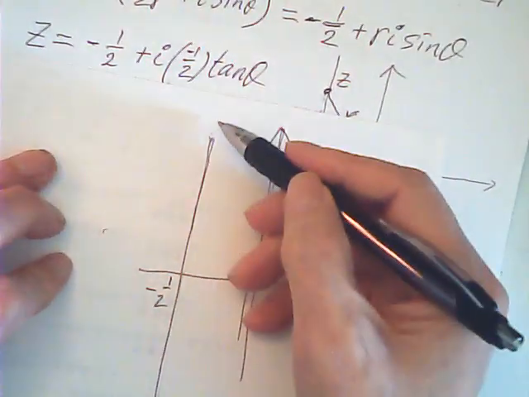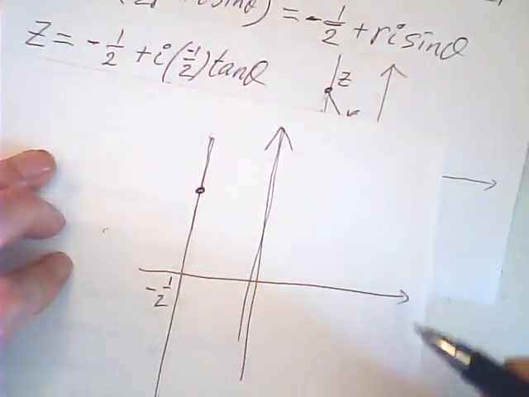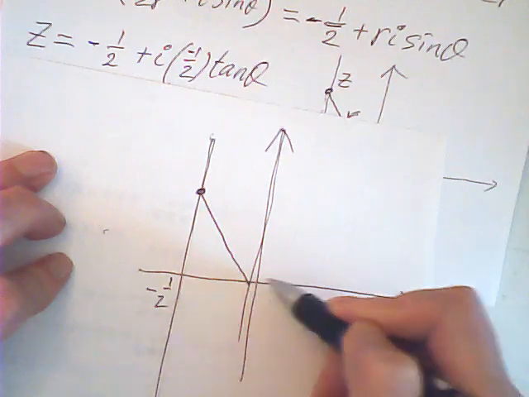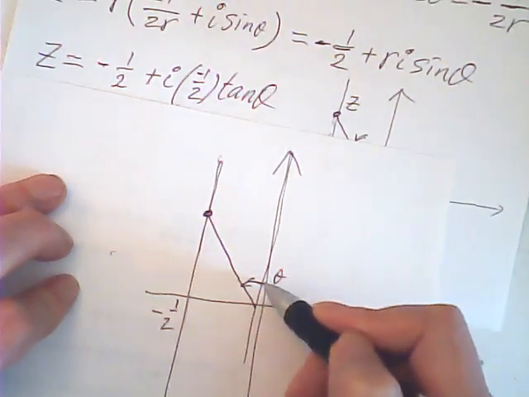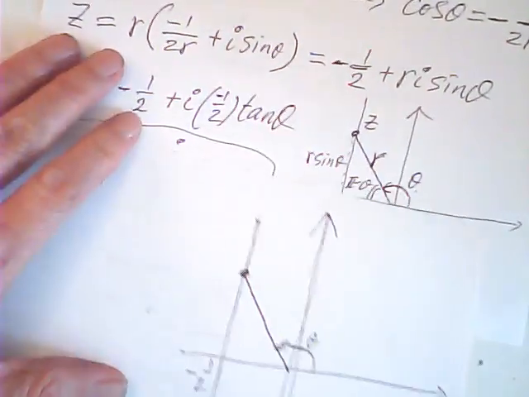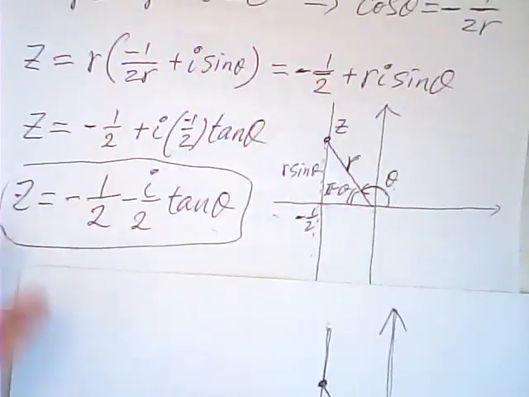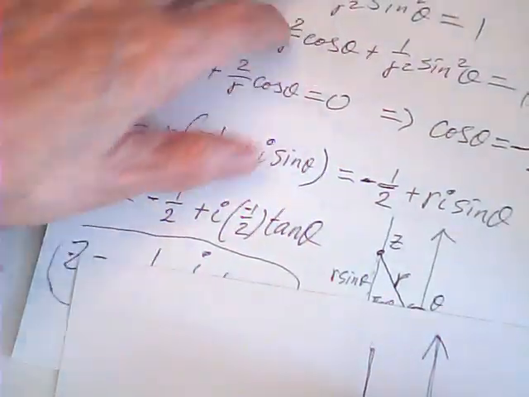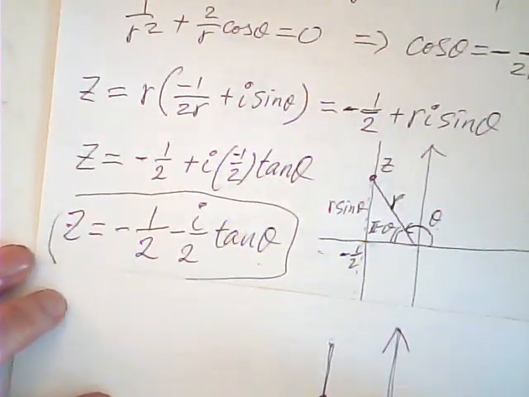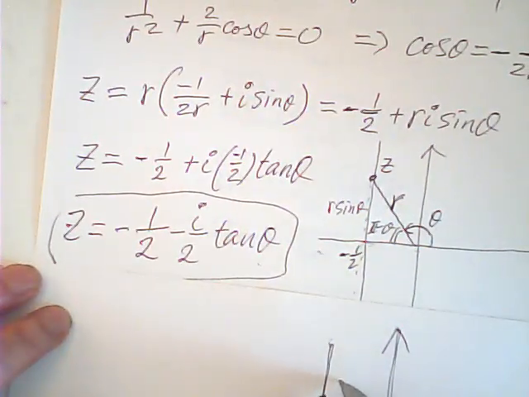Okay, z must be there. If z is there, this is the argument for z, which is theta. And okay, this is z.